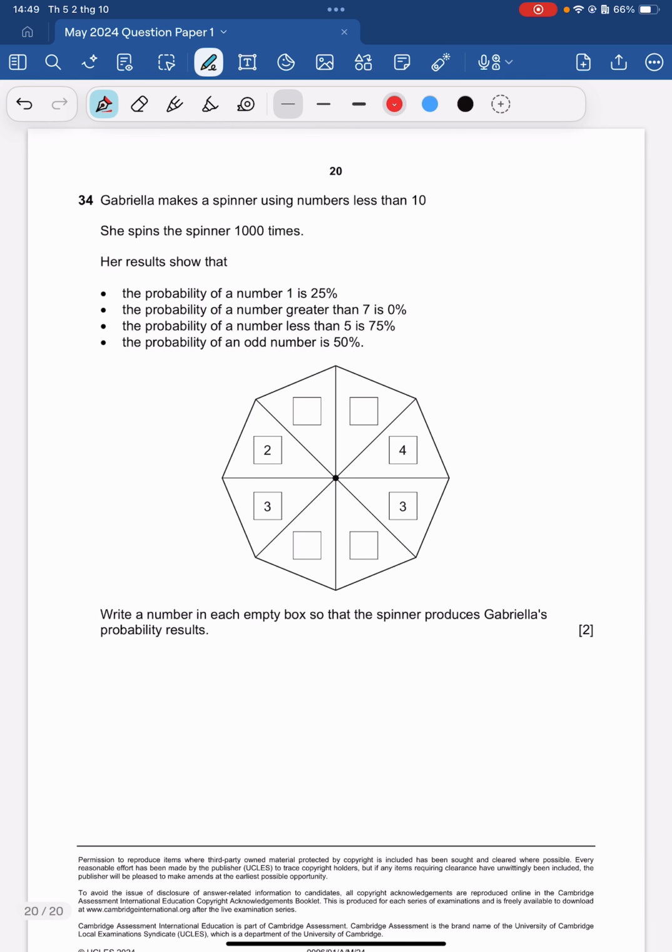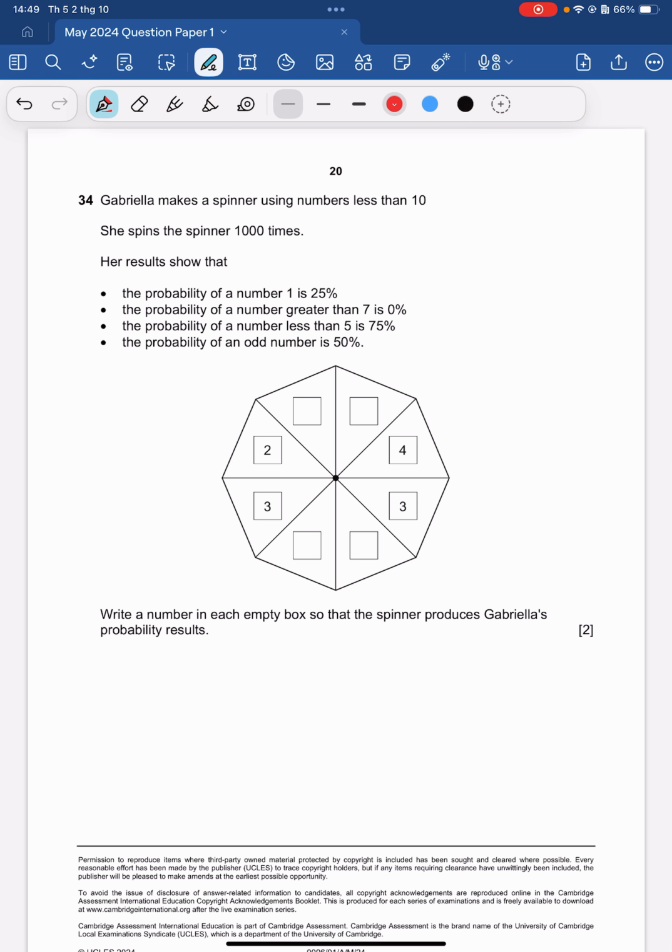Okay, 34. The probability. Okay, someone spins the spinner 1,000 times.